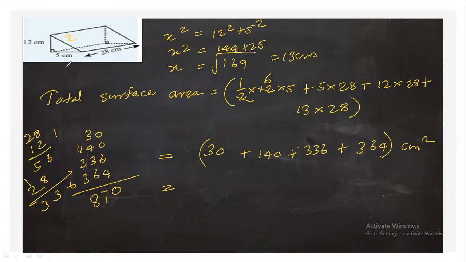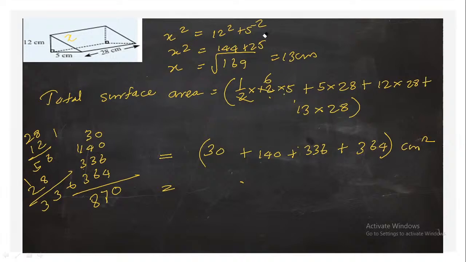Half into 12 into 5, 6 times 5, 30. A small mistake has arisen here. What is the mistake? I haven't added these 2 surfaces, the two triangular surfaces.